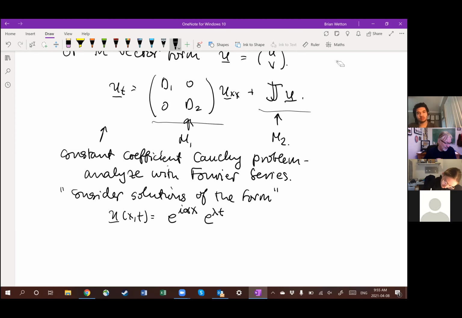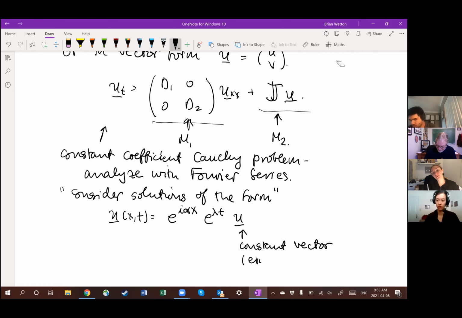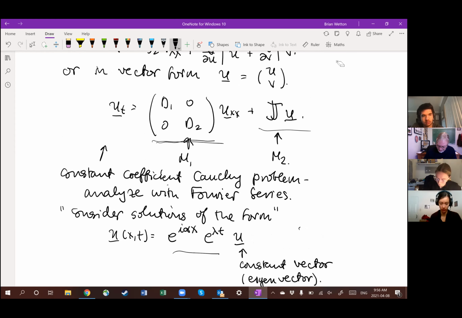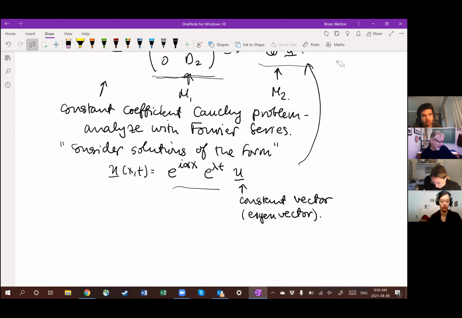And I'm going to consider a constant vector that's going to be an eigenvector, not an eigenvector of J, but an eigenvector of minus D1 alpha squared, minus D2 alpha squared, that matrix plus J. Okay, so let's see how this game goes. Let's take this form and put it in here and see why it's the right thing to look at.